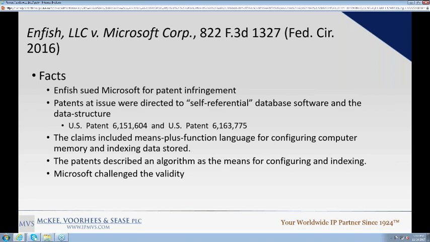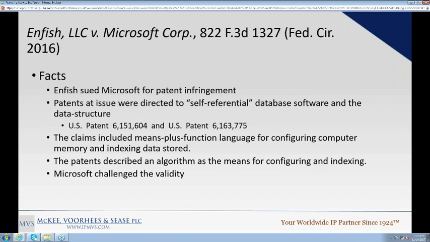So NFISH sued Microsoft for patent infringement. And what was at issue were these software databases that were self-referential, and they had a unique data structure dealing with this self-referential ability, and that was all defined by a 4-step algorithm.